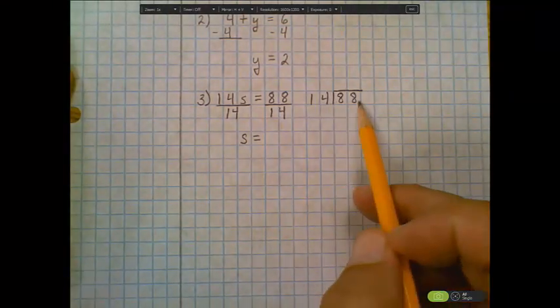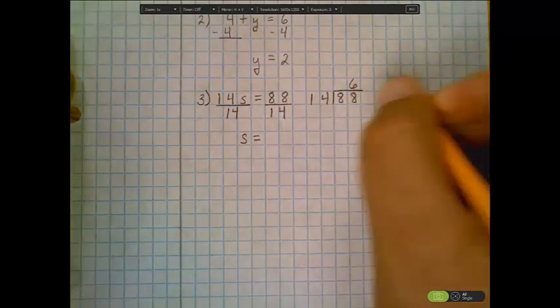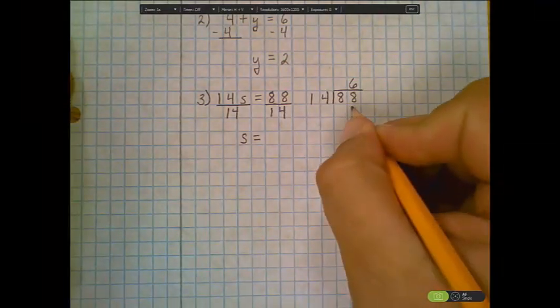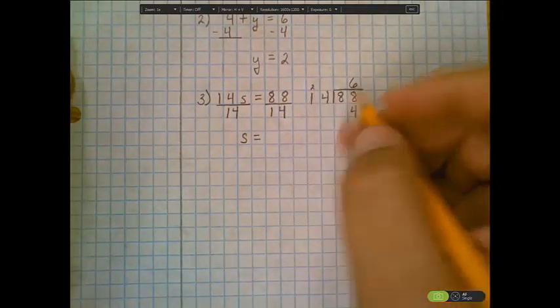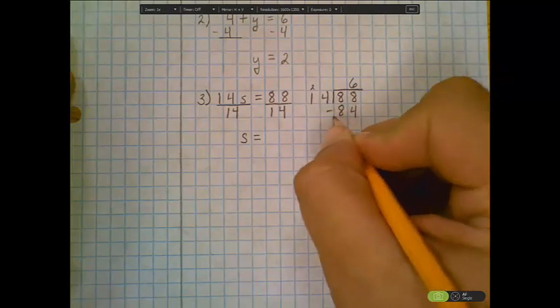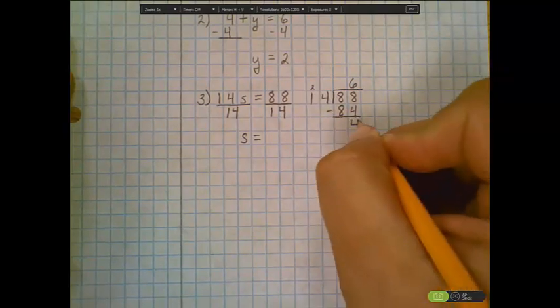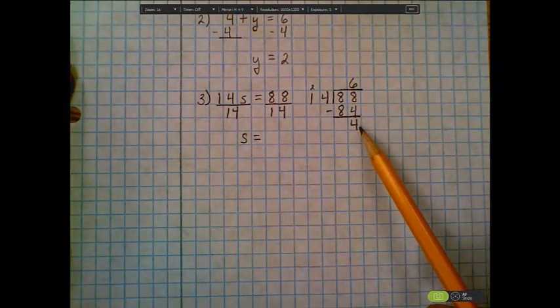Let's see, 14 goes into 88. I'm going to say about 6 times. 6 times 4 is 24. 6 times 1 is 6, plus 2 is 8. So I'm going to subtract that, and I get 4. So my answer is 6 with the remainder of 4.